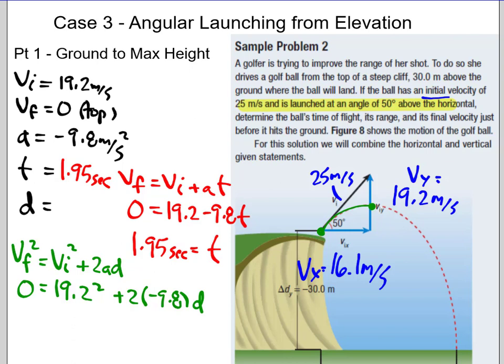So 19.2 squared divided by 2 times 9.8, and I should get 9.3 is my d, meters, and that is up because it's positive. So I know that this little height right here is 9.3 meters. So I found the time and the max height measured from the start of the problem.